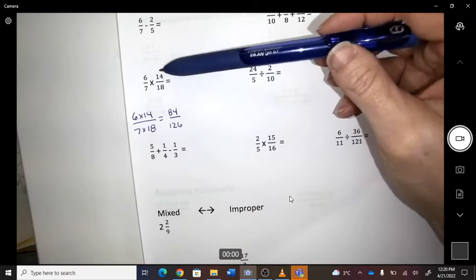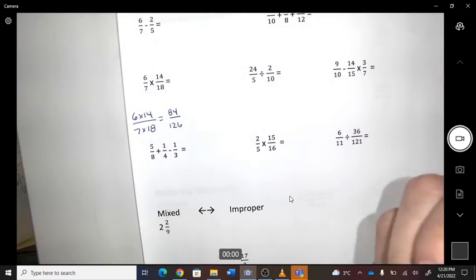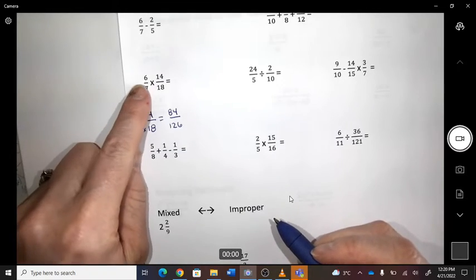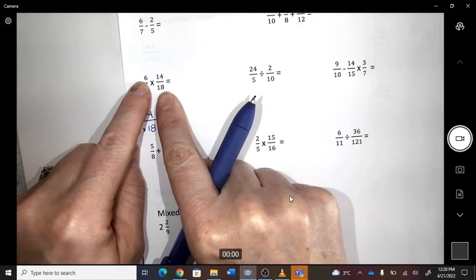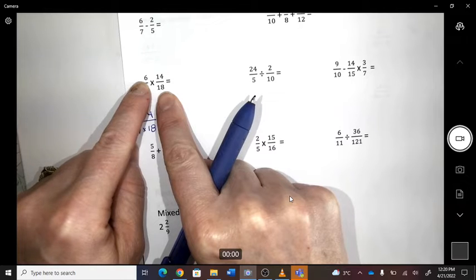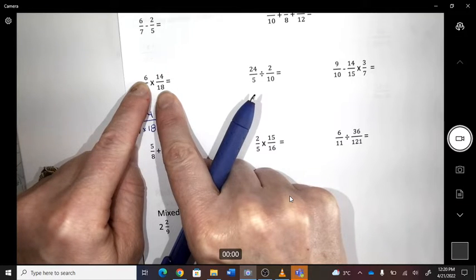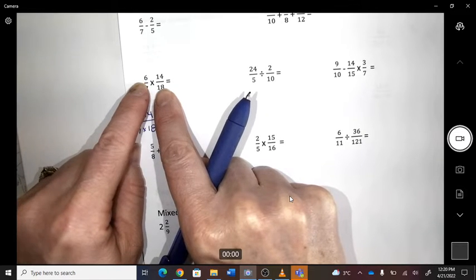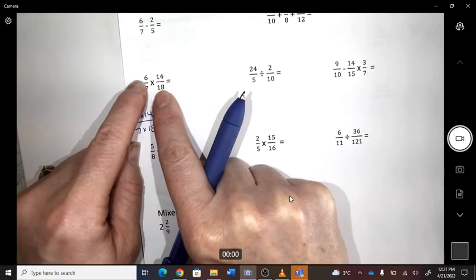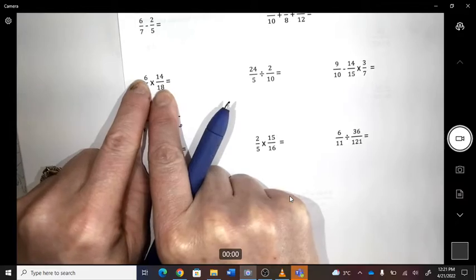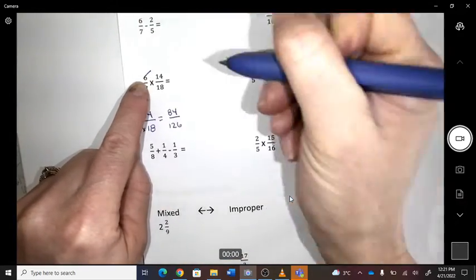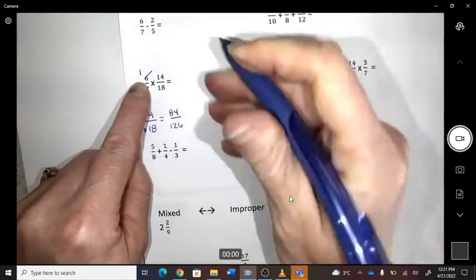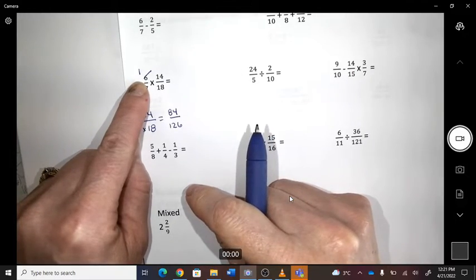So, do I see anything from the top and the bottom that are divisible by the same number? 6 and 18 could both be divided by 6, right? They could be divided by 3 as well, but I'm going to try to pick the biggest. So I'm going to divide these by 6. If I do that, that would turn into a 1.